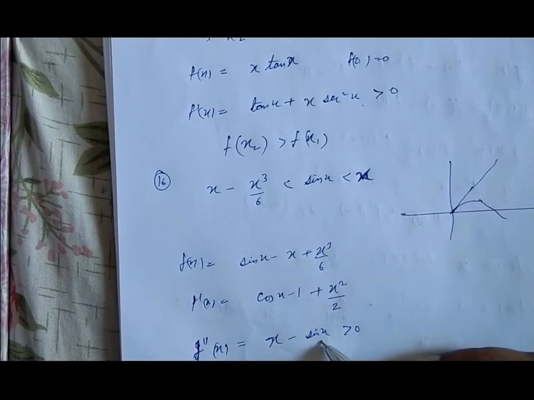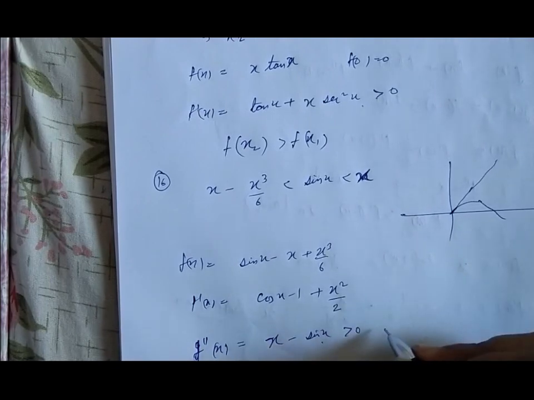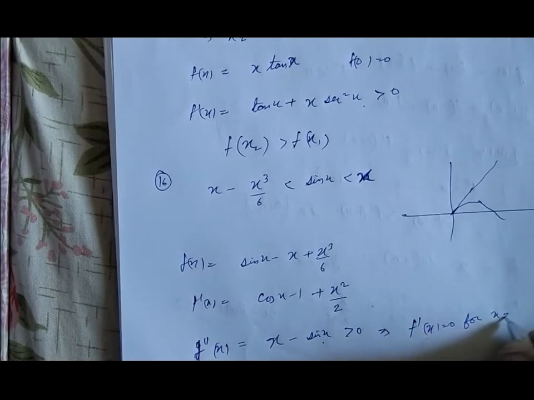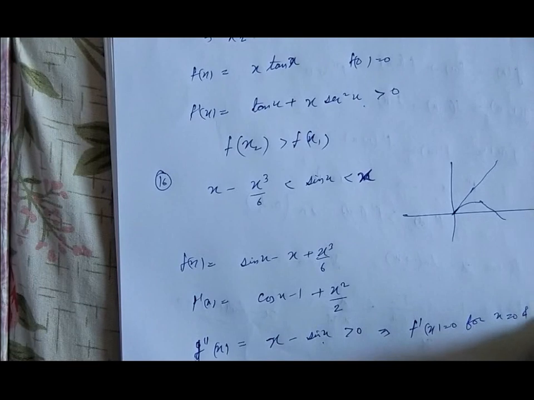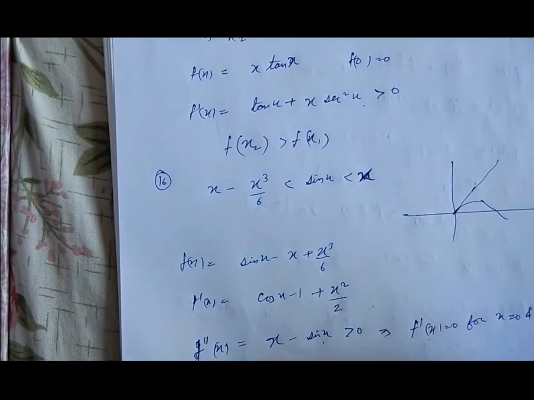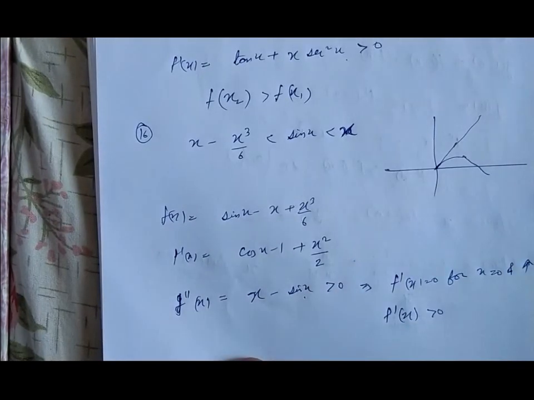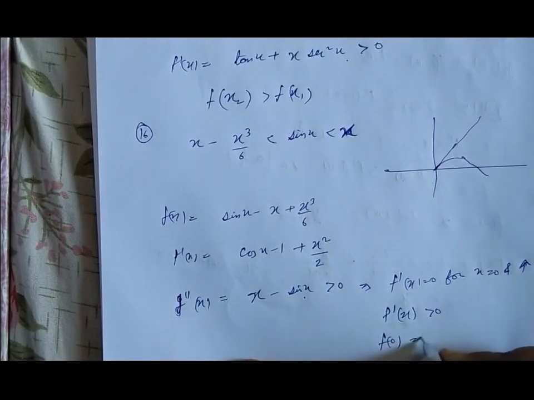Since this is greater than 0, this implies f'(x) is equal to 0 for x is equal to 0 and increases as x increases. So we reached the conclusion that f'(x) is also greater than 0. But we know that f(0) is also 0.